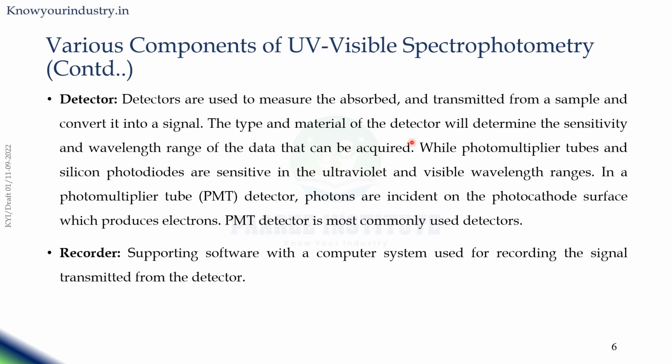The type and the material of the detector will determine the sensitivity and wavelength range of the data that can be acquired. The most commonly used detectors are photomultiplier tube detectors, that is PMT detectors. In addition to that, silicon photodiodes can also be used as a detector, which are sensitive in the ultraviolet and visible wavelength ranges.